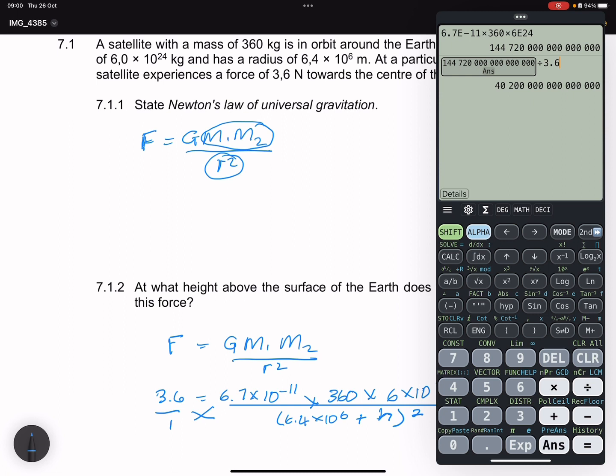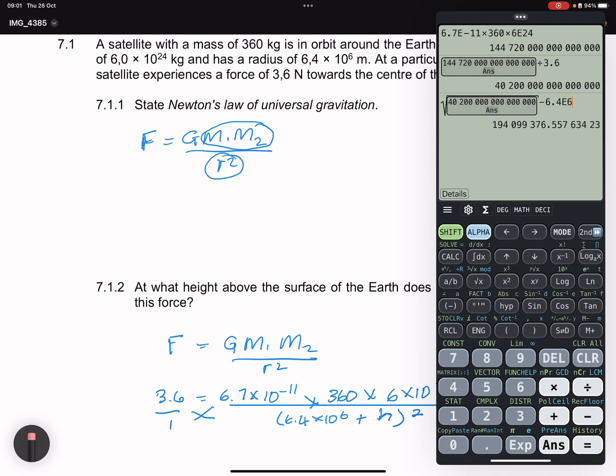And we are going to take the square root of this. All I'm doing, ladies and gents, is making the calculation on the calculator so that we have the final answer eventually. So I take the square root of our answer, we get that big value, and we subtract 6.4 exponent 6.